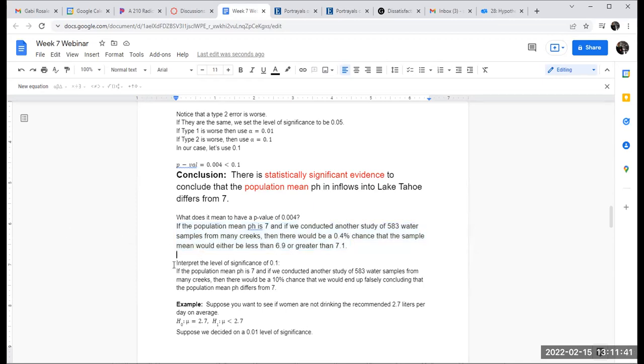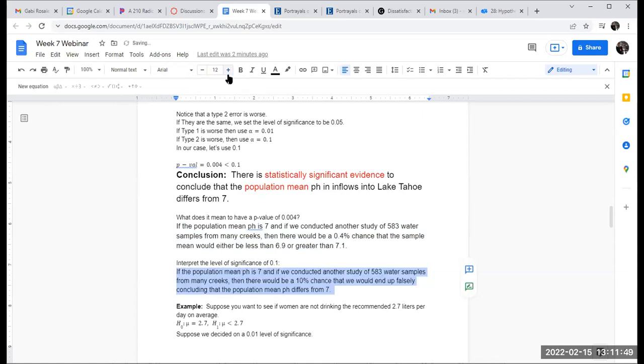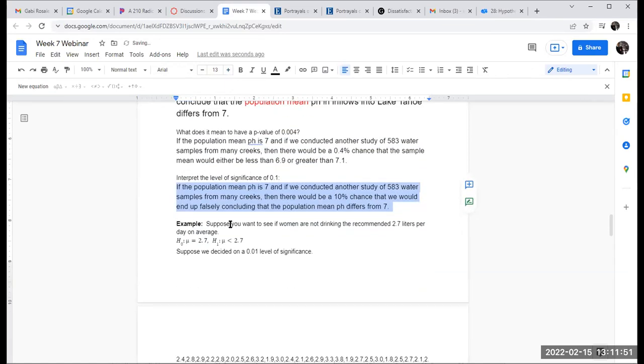Now to interpret the level of significance, that's the 0.1, which again is the probability of a type 1 error, it starts the same. If the population mean pH is 7, and if we conducted another study of 583 water samples from many creeks, then there would be a 10% chance, 0.1 is 10%, that we would end up falsely concluding the population mean pH differs from 7.